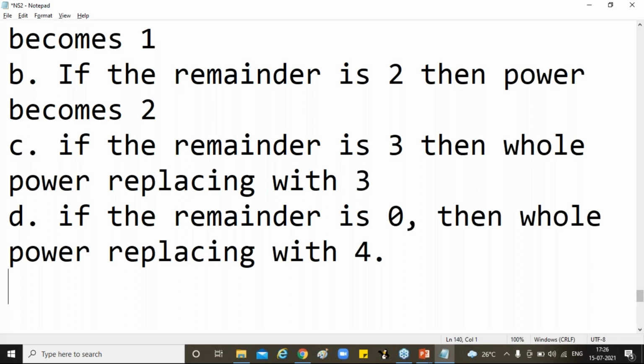Don't worry about it. All of you note it down. Sahiti, for 2, 3, 7, 8, the values repeat for every 4 iterations. That is the reason we divide by 4.